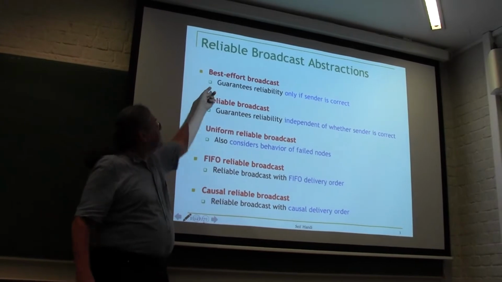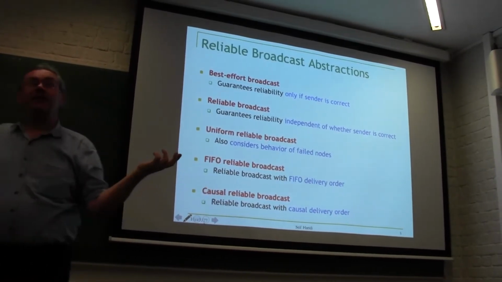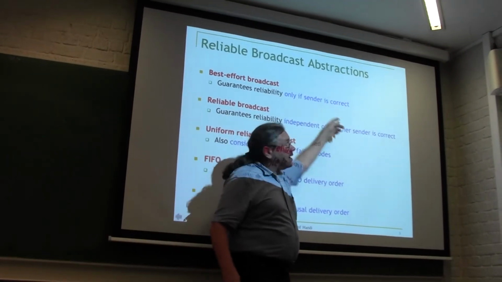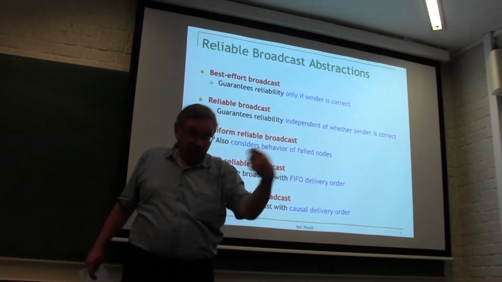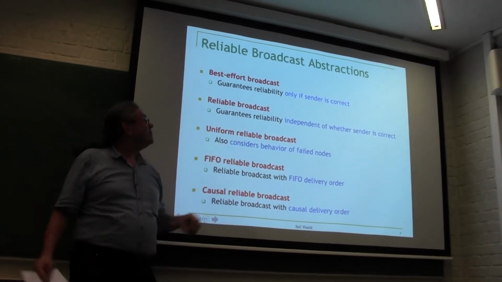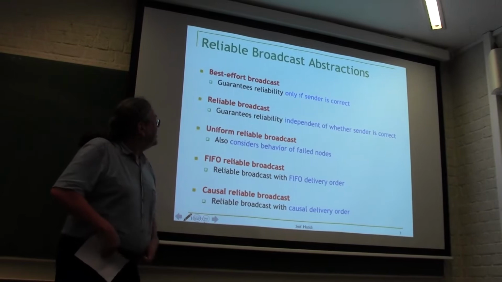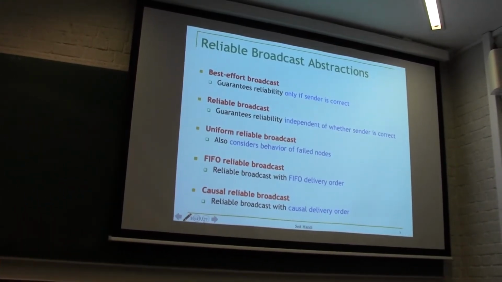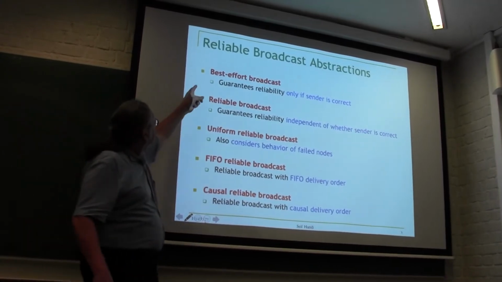But best effort means the simple naive algorithm. Only if the sender is correct, messages are going to get there. If the sender crashes, who knows what happens? Okay, so can we do better than that? We're going to write algorithms that do better than this.